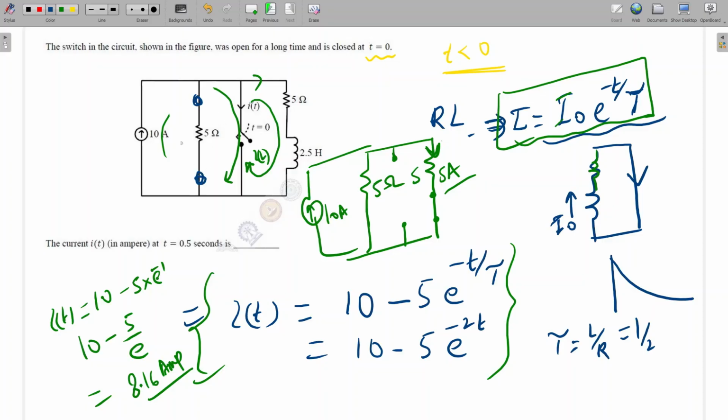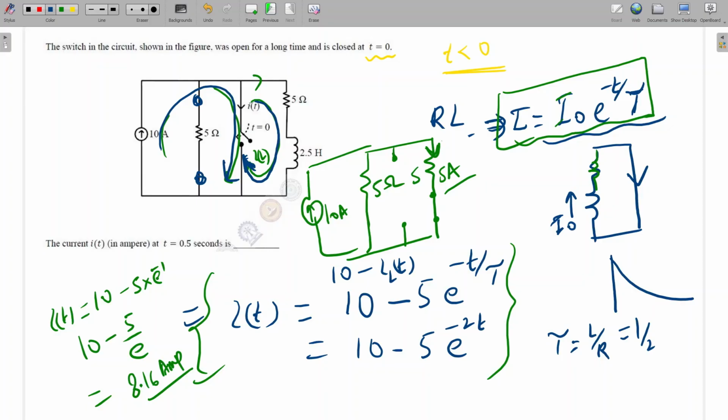Since this is shorted, this 10 ampere will flow in this direction, and the RL circuit current will flow in this direction. So the final current will be 10 minus I of t. Now it will be clear to all. Yes, sir. Okay, thank you, sir.